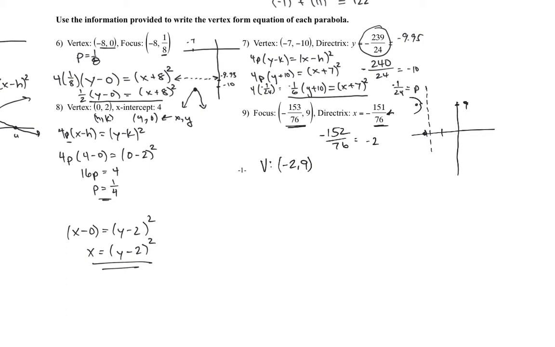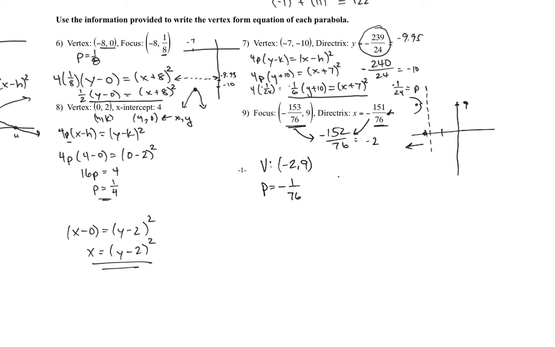We also know at this point what P is. We know the distance from 152 over 76 to 153 over 76 is positive, or is a 1/76. But we know that P in this problem is -1/76 because it's opening to the left. And so the distance from here to there, or from here to here, would be just the 1/76.